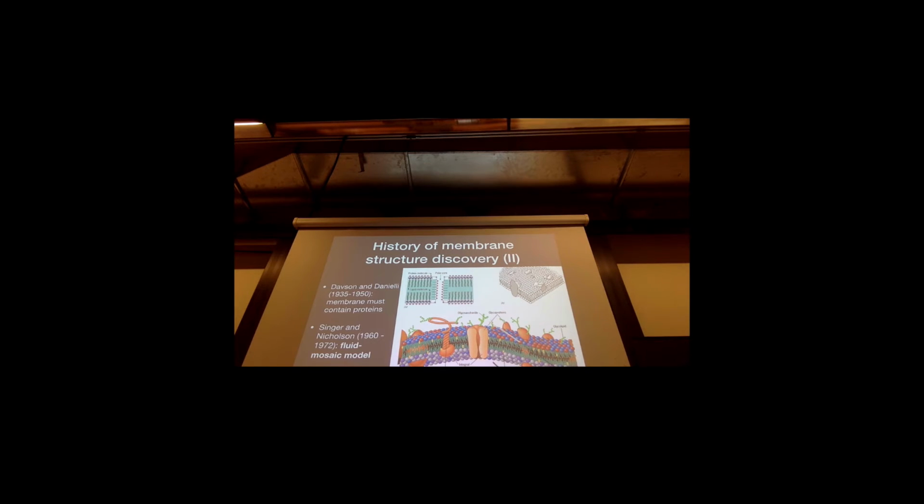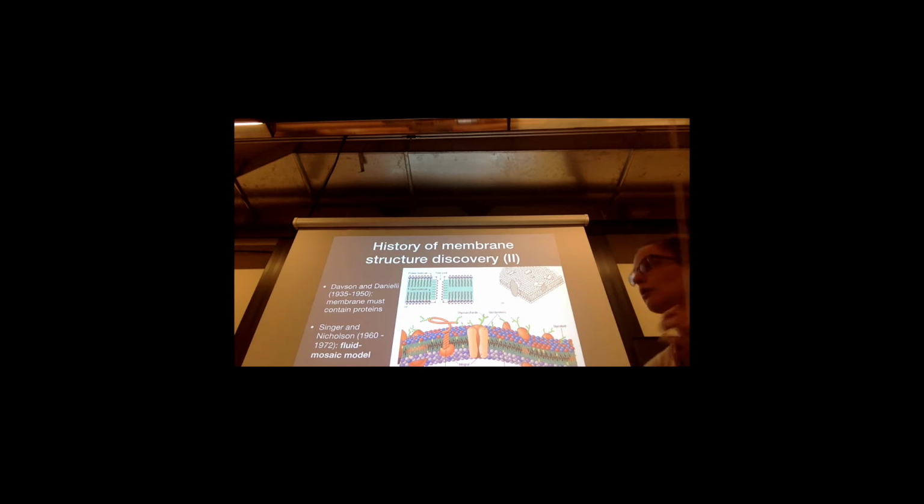So the truth, and this is a model that dates back to 1972, we still think of the membrane in the same way. In this model, you have proteins that are arranged. You remember these globular proteins? They're arranged in helices and sheets that come together as globules, and they are arranged within the membrane.